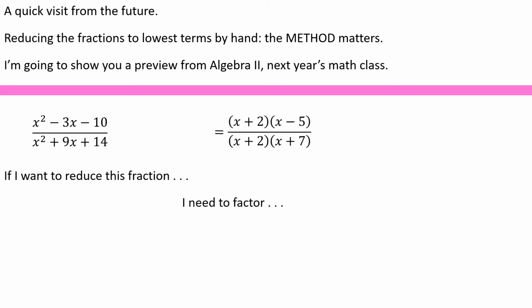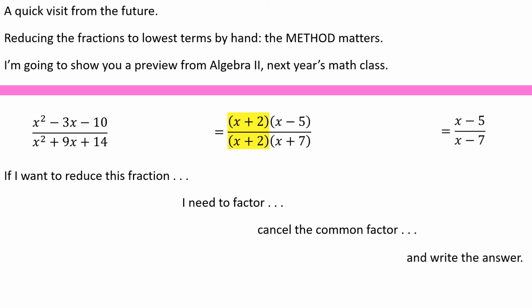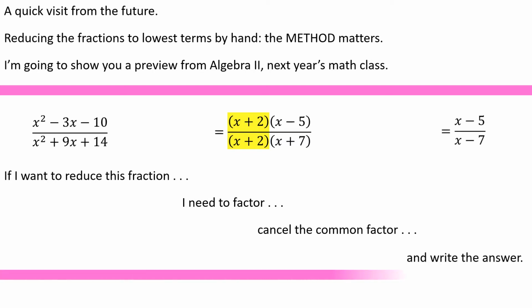Well, we have to factor, because we are only allowed to cancel factors. If there's a common factor, that can be canceled. And then I have the fraction reduced.